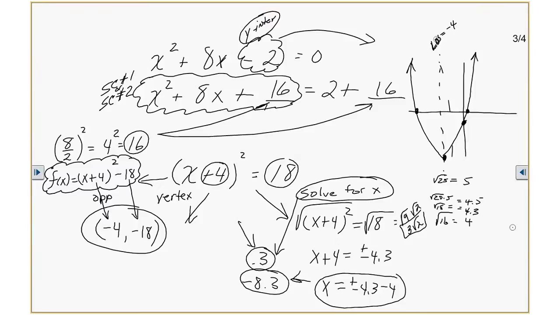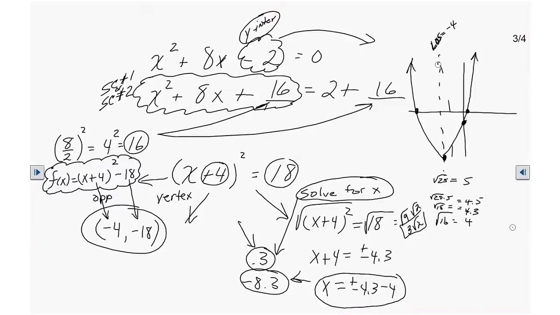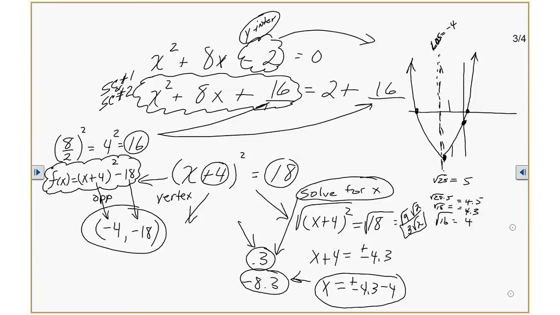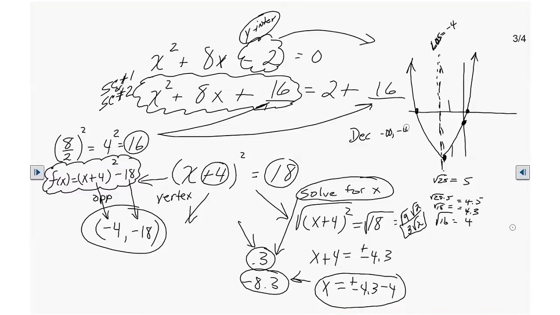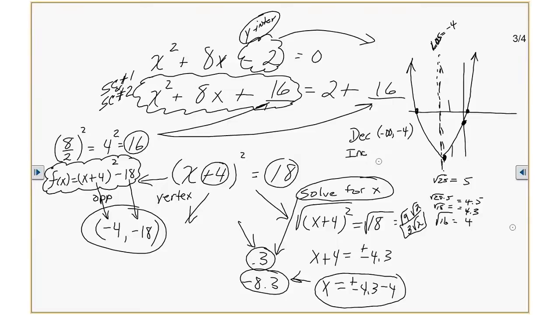Line of symmetry, which always goes through your vertex. And your decreasing is from negative infinity to -4, and increasing from -4 to infinity.